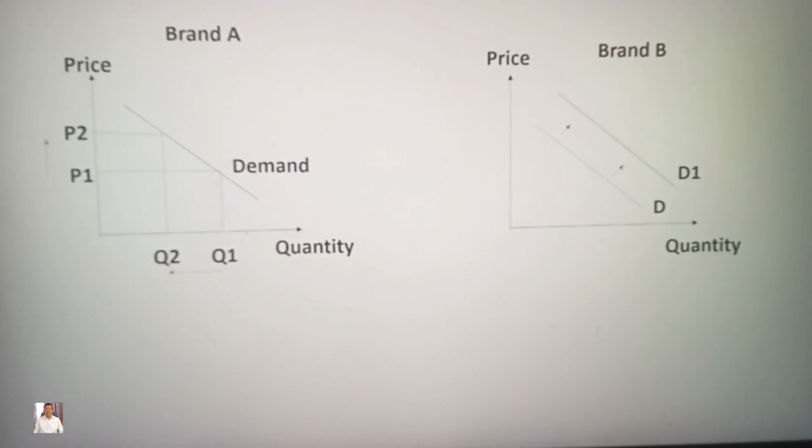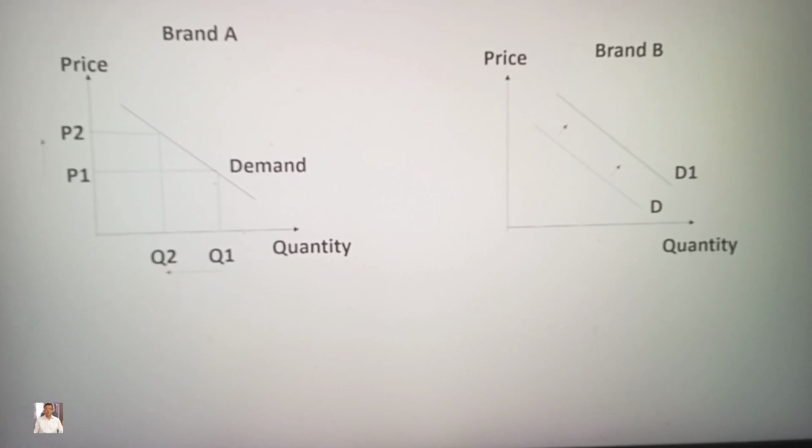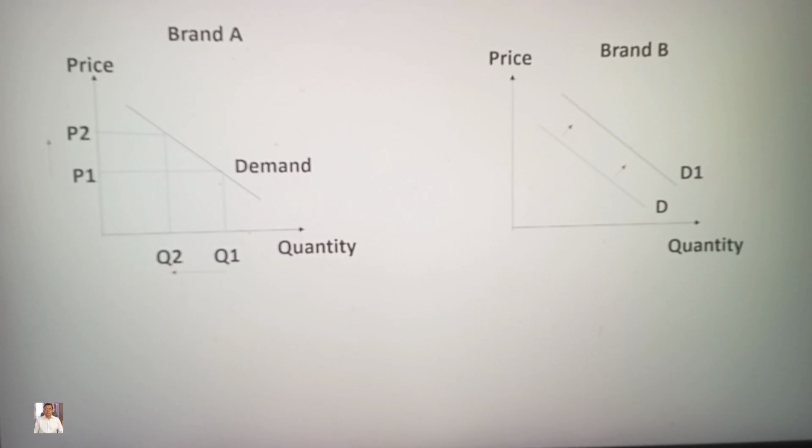People switch to similar product of brand B.